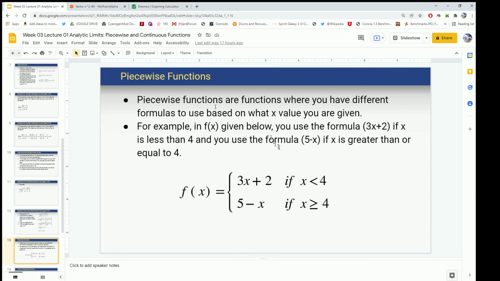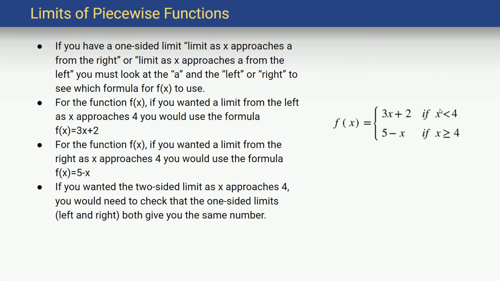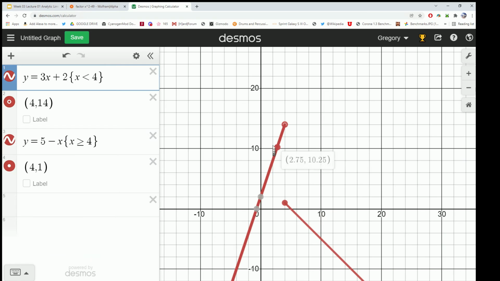So that's what they look like. And the reason they're going to be kind of an issue for us, not an issue, but if you remember back to when we talked about limits in the first lecture, we talked about one-sided limits. You could have a limit from the right or a limit from the left. Just looking at a graph of a piecewise defined function, on the limit from the left you're going to be up here at 4 comma, I guess, 14.